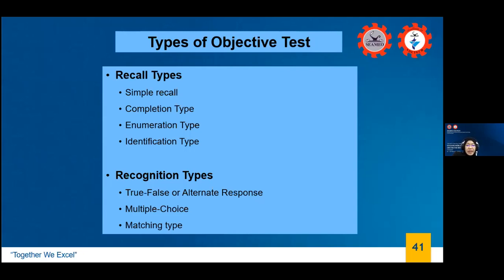It looks so easy, but if I said it is false, then what should be the correct answer? So that is also a good recognition type of test. Yeah, got it. Thank you.